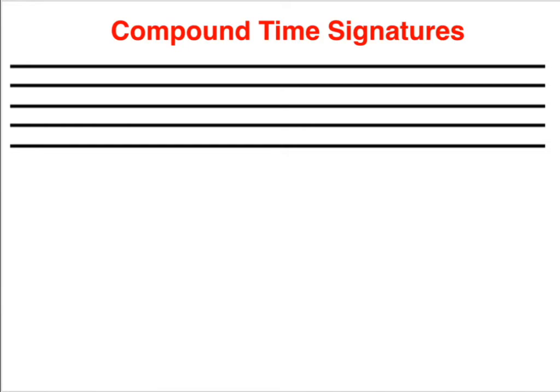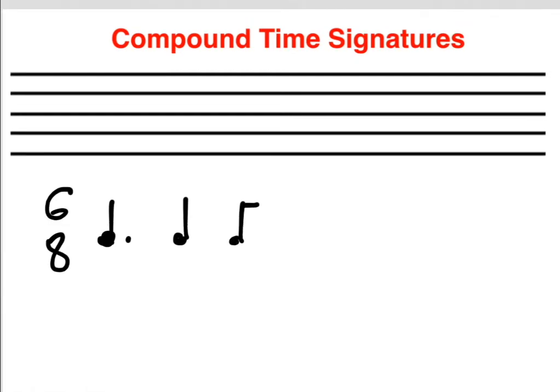And what about the use of ties? How do we use ties in compound time signatures? Well, a general rule I suppose is that ties within a beat should be avoided. Okay, so for example, in 6/8 you could have this rhythm 1, 2, 3, 4, 5, 6. Okay, that's correct the way that it's written.